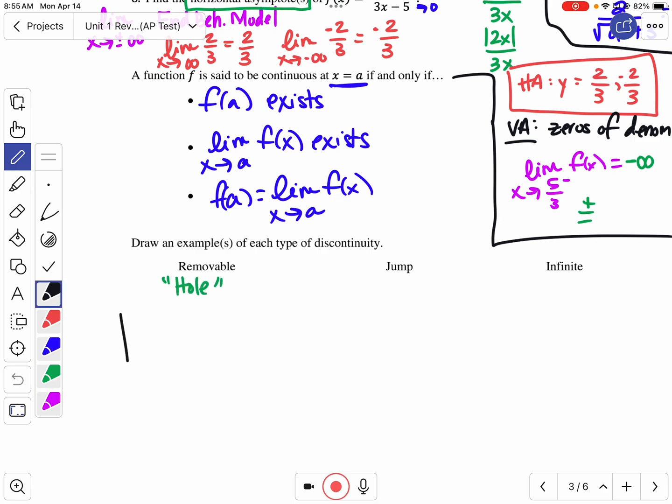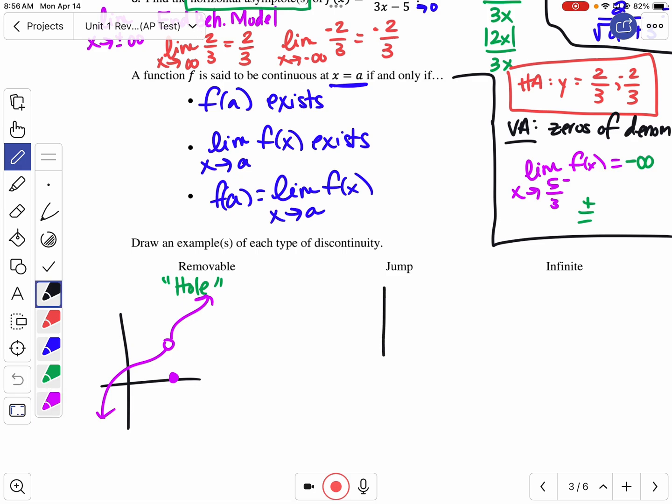So if we draw an example, we're just going right along, life is good, just kidding. Could we fill the hole, or could they put a dot there to replace the hole? Sure, but it's still a removable discontinuity. That is where f of A does not equal the limit as x approaches A. So that's what's happening there.